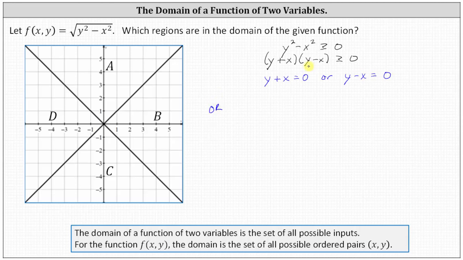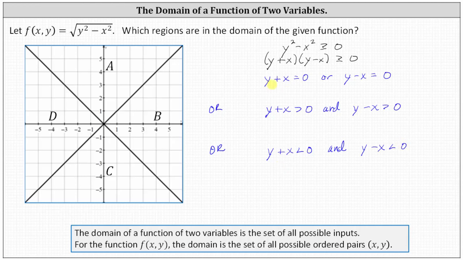They can both be positive or they can both be negative, which means y plus x is greater than 0 and y minus x is greater than 0, or they're both negative, meaning y plus x is less than 0 and y minus x is less than 0.